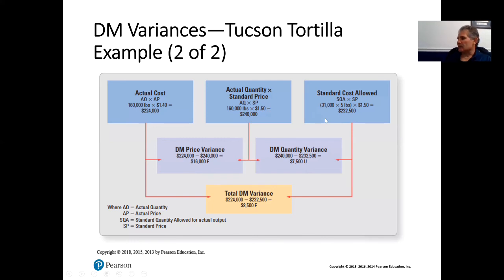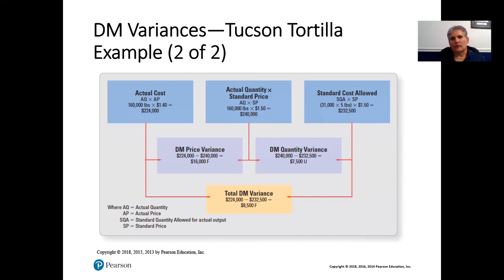Let's run those numbers: 31,000 cases times 5, we should have used 155,000 pounds. 160,000 pounds is what we actually use. The standard quantity allowed is 155,000.